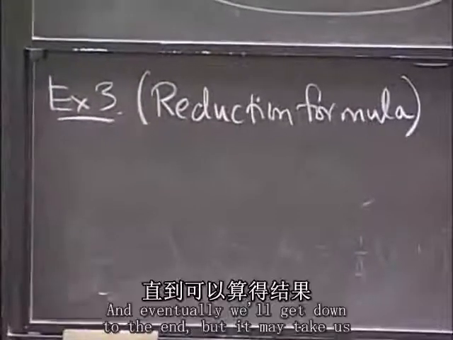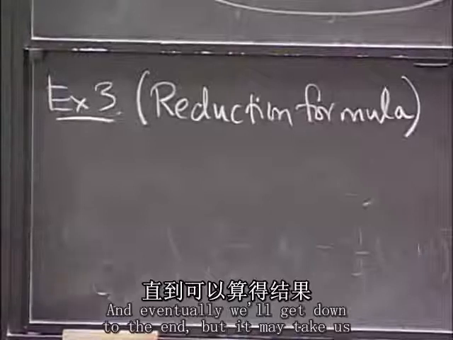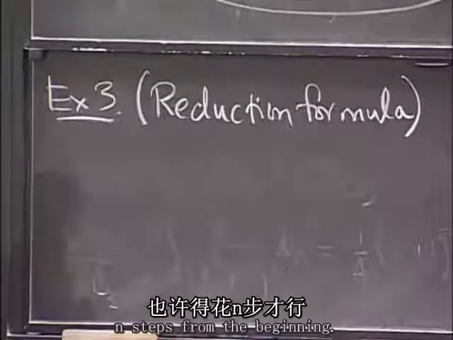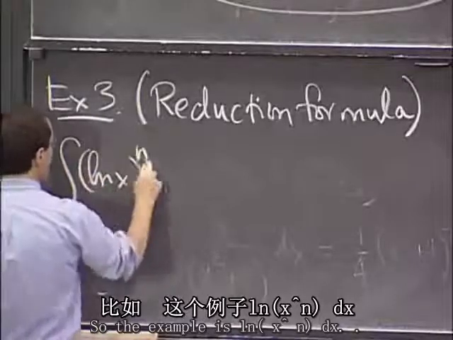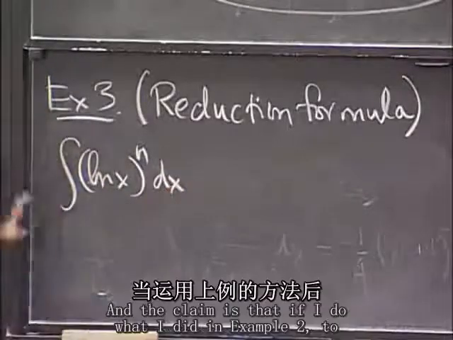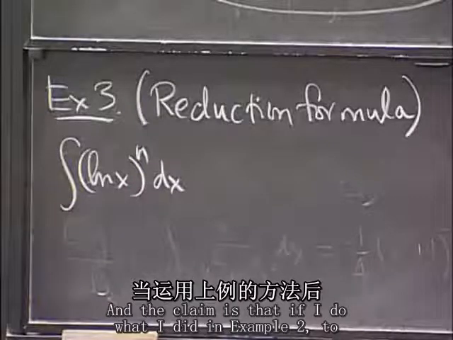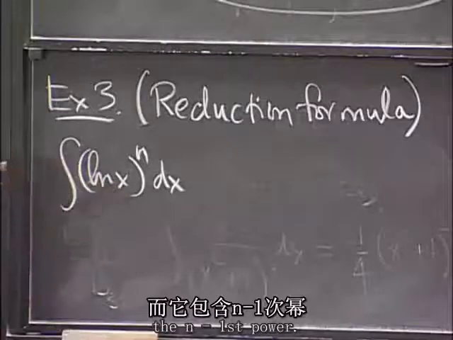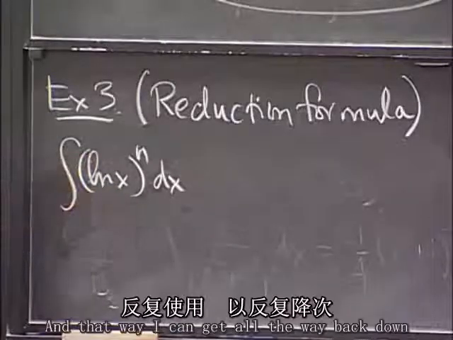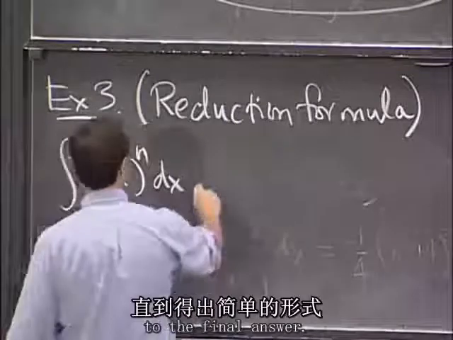And eventually we'll get down to the end, but it may take us n steps from the beginning. So the example is the integral of log x to the n power dx. And the claim is that if I do what I did in example 2 to this case, I'll get a simpler one, which will involve the n minus first power. And that way I can get all the way back down to the final answer.